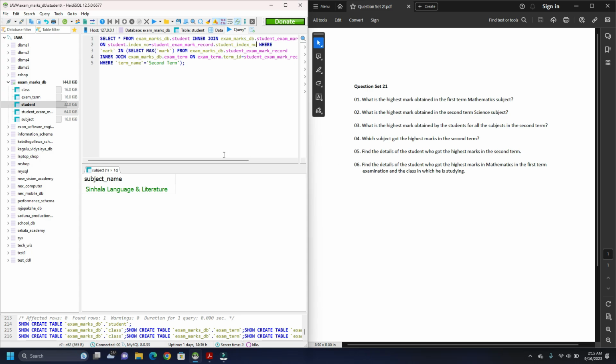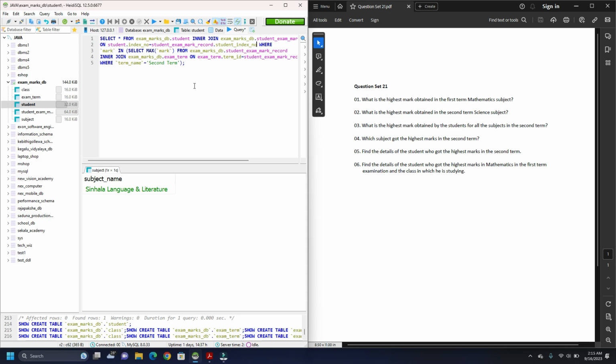So I'm gonna go ahead and explain the query again. So I have put a select all to get the details of the student from the student table, and I have inner joined the student exam mark record table to it to get the highest marks, and to get the highest mark I have written a select query to get the highest mark, and exam term table is inner joined to the student exam mark record in the subquery to get the term name.